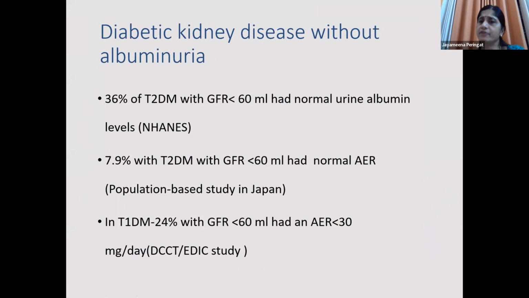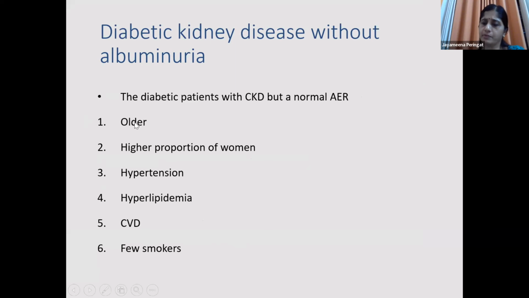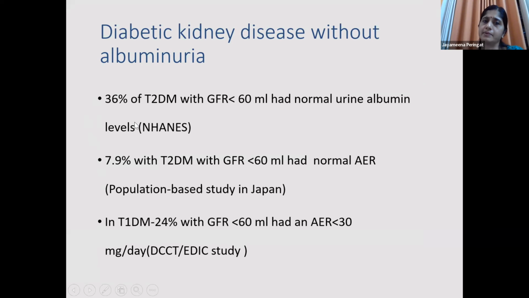So can we develop diabetic kidney disease without microalbuminuria? Yes. About 36% of type 2 diabetics with a GFR of less than 60 have normal albumin excretion rate. This was seen in a population-based study of type 2 diabetics with a GFR of less than 60. In type 1 diabetics, almost 24% of people had a normal albumin excretion but a decreased GFR.